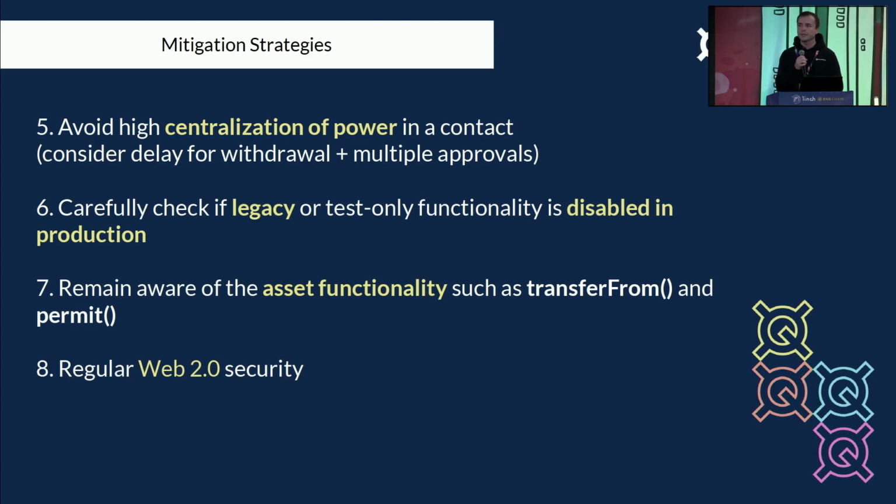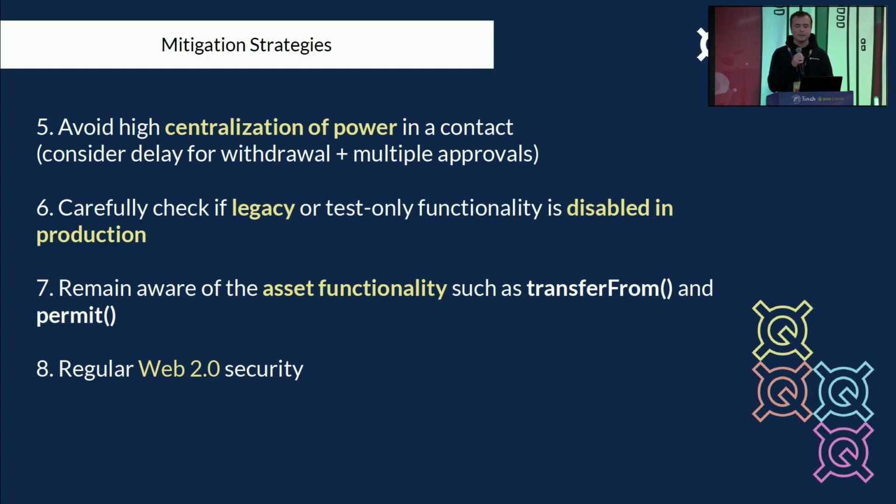Or what we've seen in some bridges, they essentially treat small and large deposits very differently, and withdrawals as well, which also makes sense because you probably need a higher threshold for higher value withdrawals.